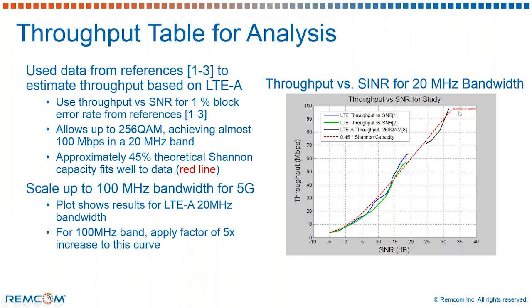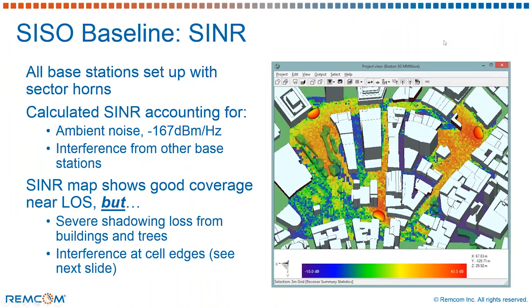This caps out at the highest possible throughput from the 3GPP specs at around just under 100 megabits per second for a 20 megahertz band. This was all based on the LTE-A specs, allowing up to 256 QAM for a 20 megahertz band. So to scale this up to 100 megahertz bandwidth for 5G, we simply applied a factor of 5 times this curve and used these curves for our throughput lookups for the simulations.